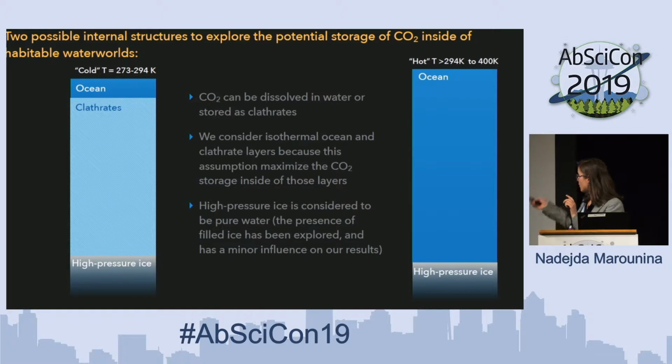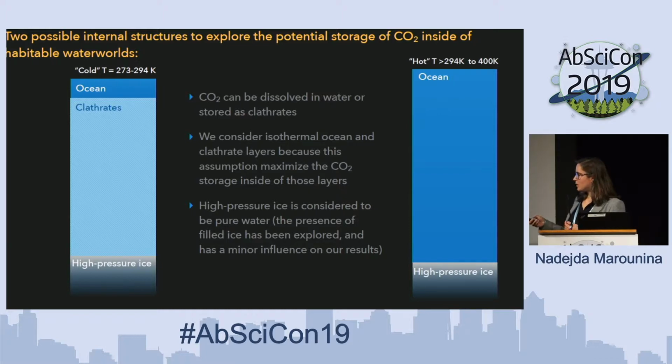And a hotter version of a habitable water world would not have this clathrate layer. We limit our exploration temperature to 400 K because this has been shown as the highest temperature limit for life as we know it.